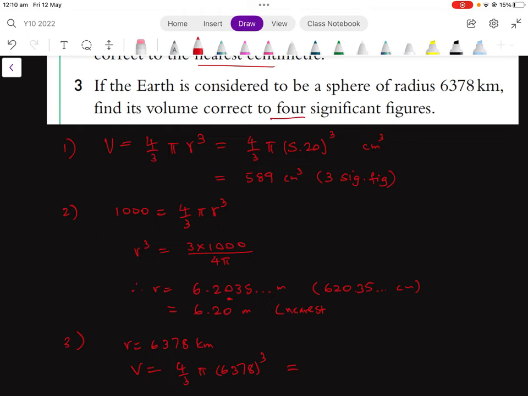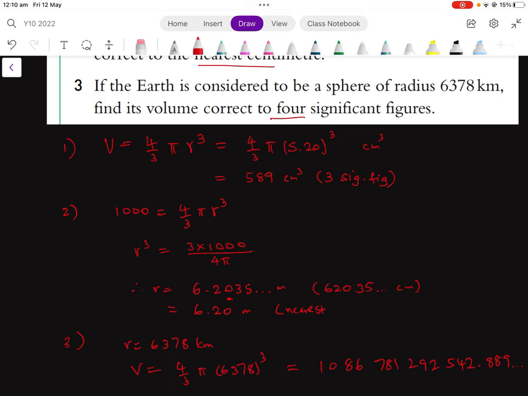That gives me 1086781292542 and the decimal place 889. Now I need this to 4 significant figures.